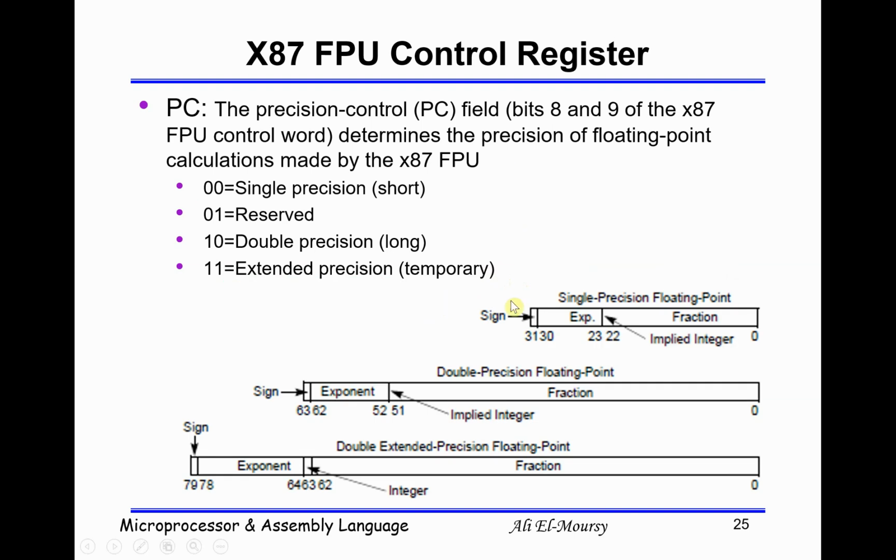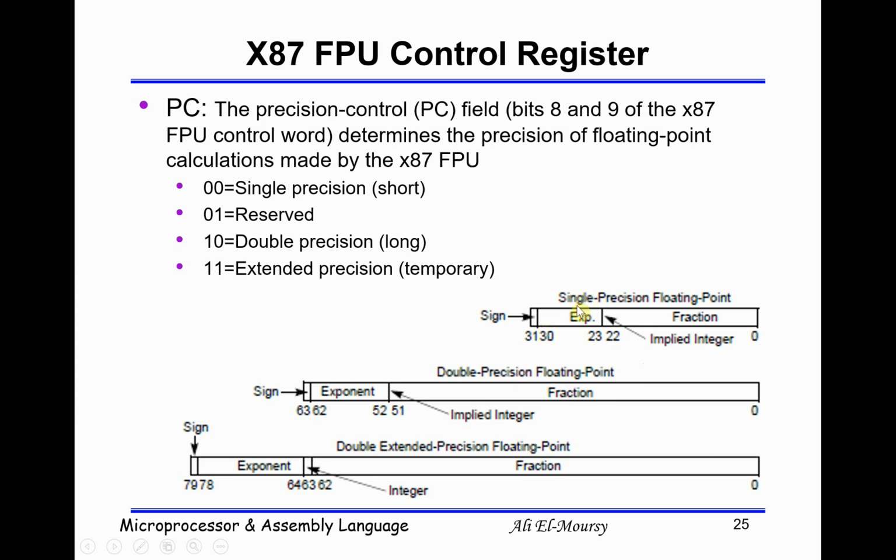As we can see here, this chart shows how the number of bits are split between the fractional mantissa and the exponent in each of the three cases.